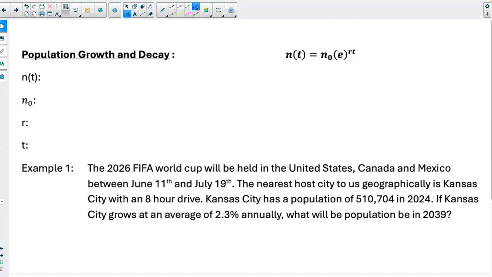What is our initial population? Yeah, it's that 510,704.